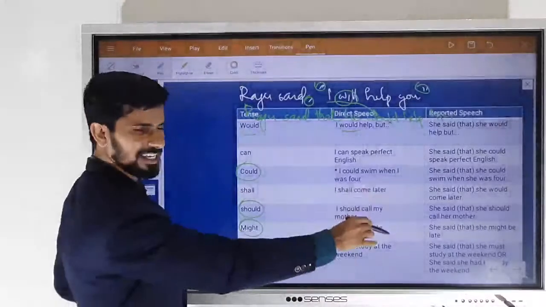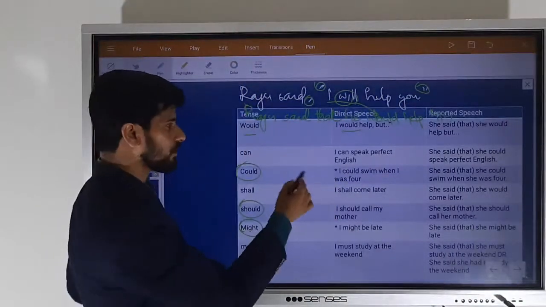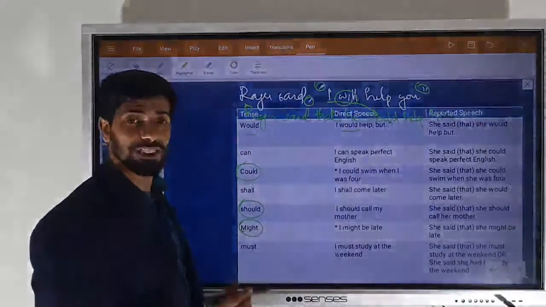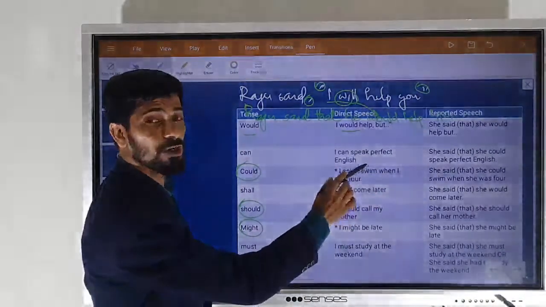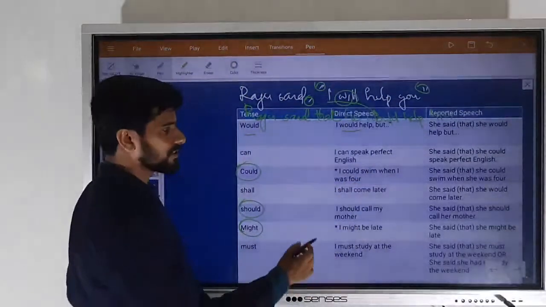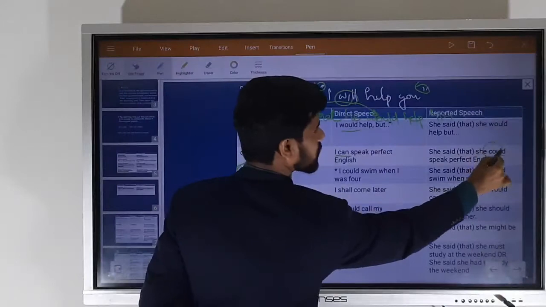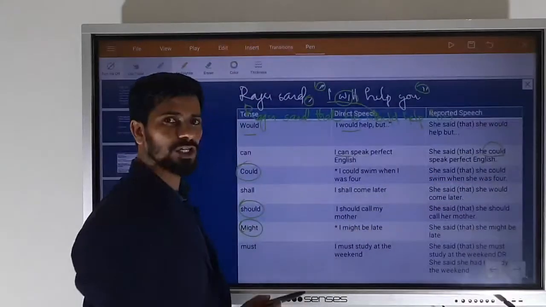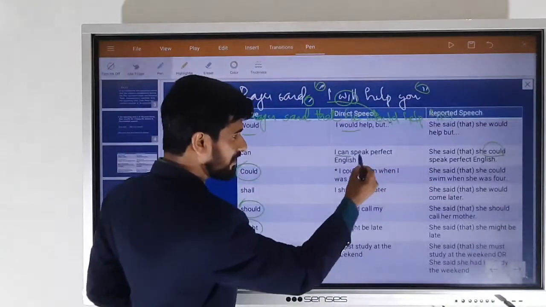Understood? So it remains the same. If it is can, you convert it to could. For example, I can speak perfect English. She said that she could speak perfect English. So instead of can, we convert it to could. Understood? So the change is in can to could.